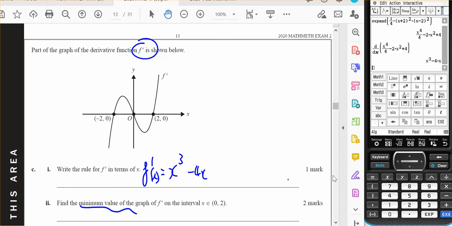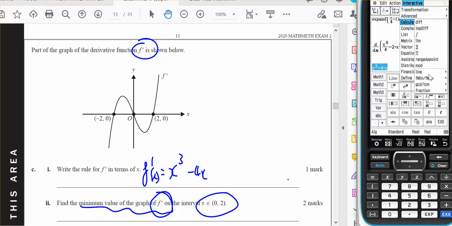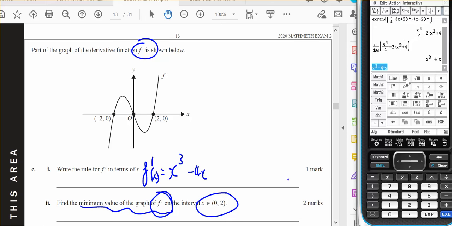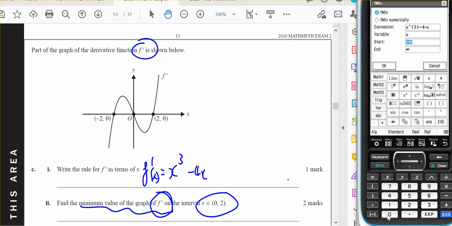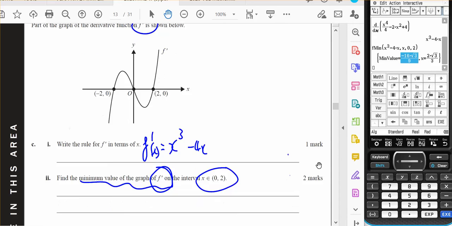Find the minimum value of the derivative from 0 to 2. So I'm going to take this, and I'm going to go interactive, calculation, f min from 0 to 2. Okay, and that gives me -16 root 3 on 9.